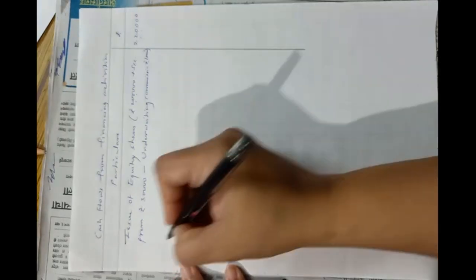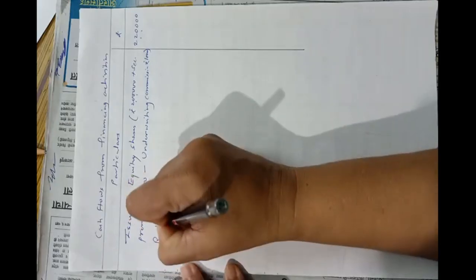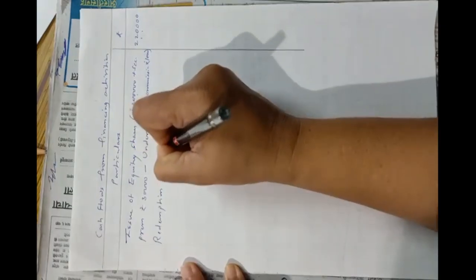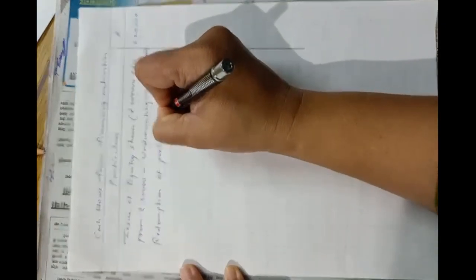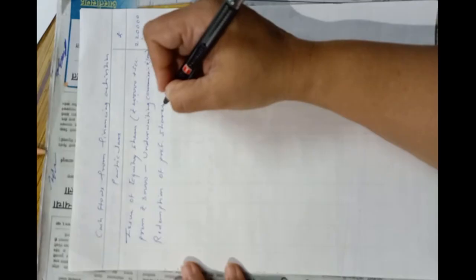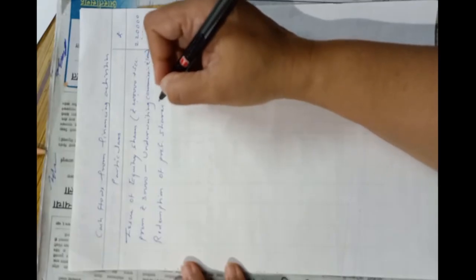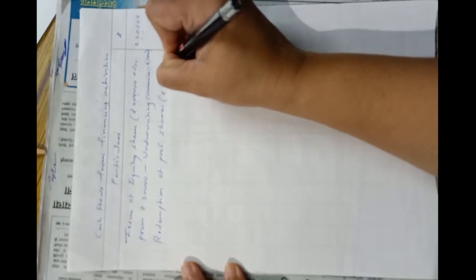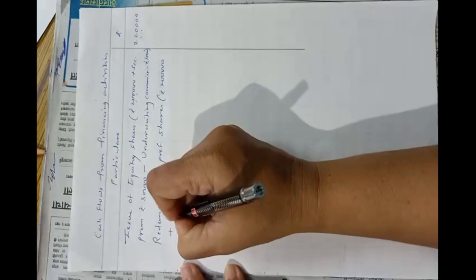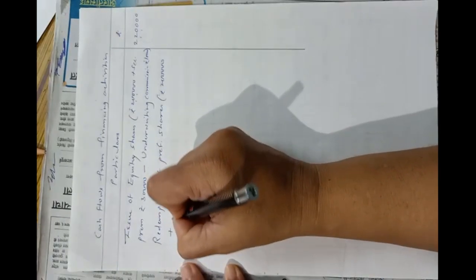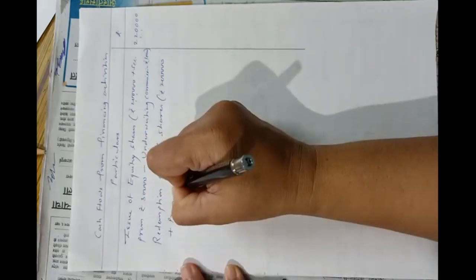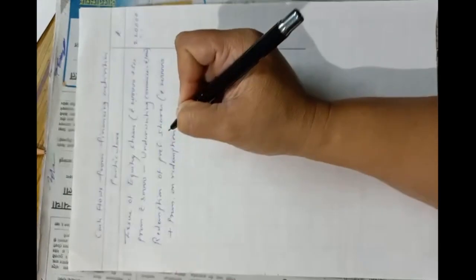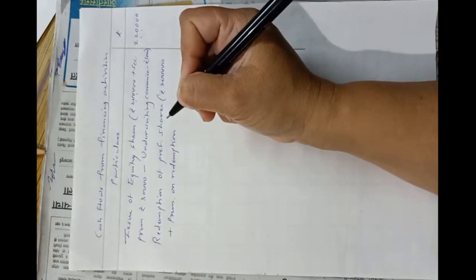So redemption of preference shares: they were redeemed at a premium, so the original amount rupees 2 lakhs plus premium on redemption.